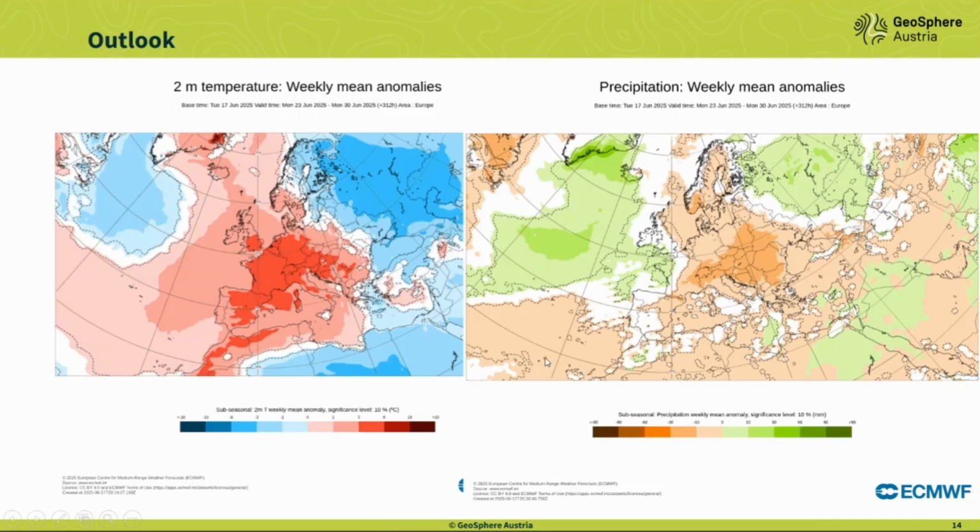It might be a little bit too wet in parts of France, but in wide parts of Central Europe it will be too hot and too dry next week. So let's see what really happens.